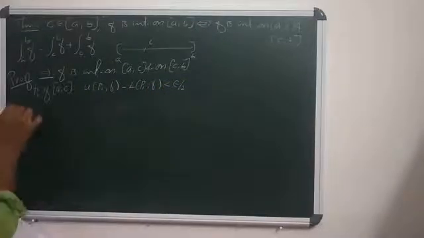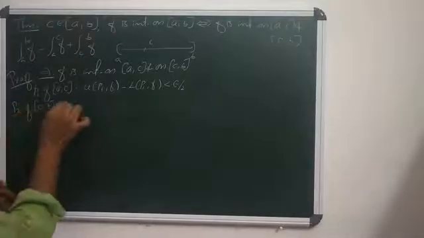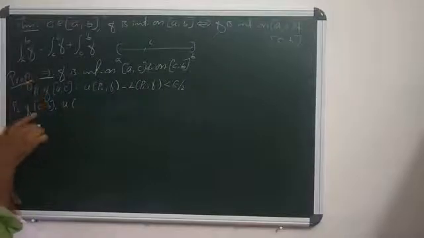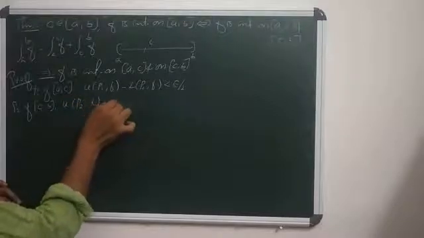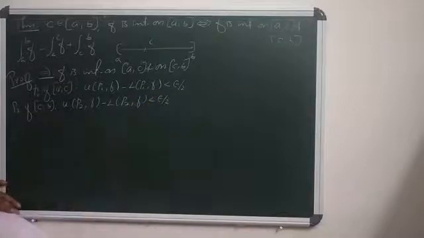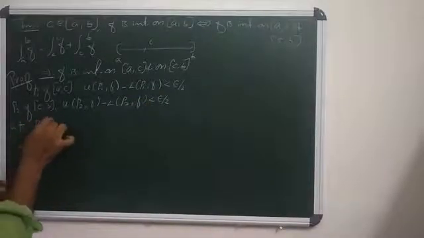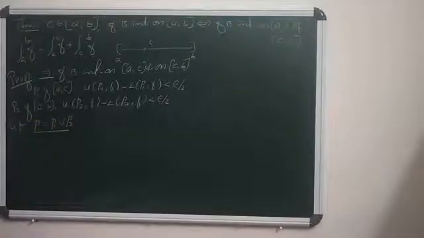Again, since f is integrable on closed interval CB, for any partition P2 of closed CB, U P2 f minus L P2 f is strictly less than epsilon by 2. Let P equals P1 union P2, which is finer than both P1 and P2.